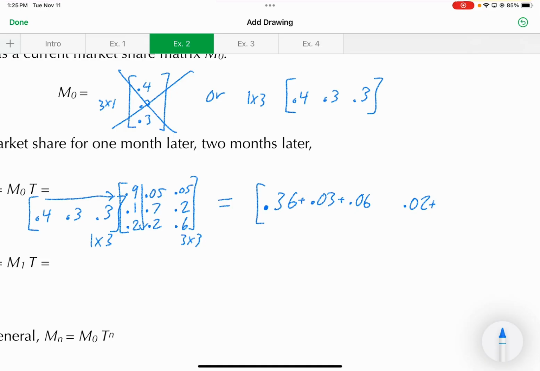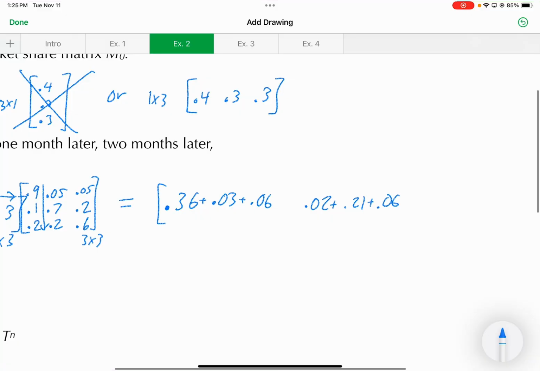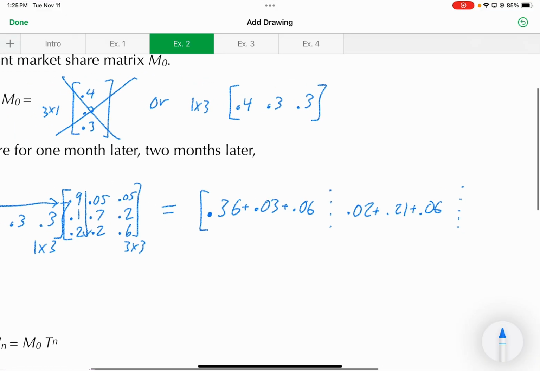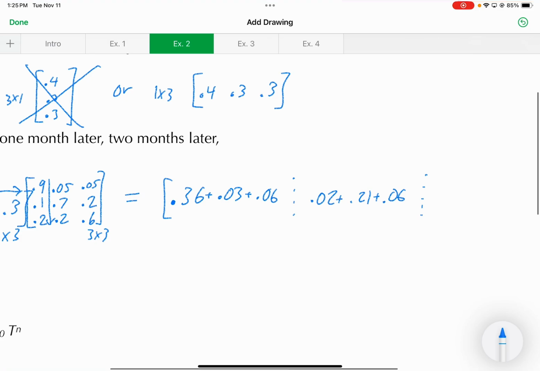Plus 0.3 times 0.7, 0.21. Plus 0.3 times 0.2 gives me again 0.06. All right, and then our last values here. So we would have 0.4 times 0.05, which would be 0.02.